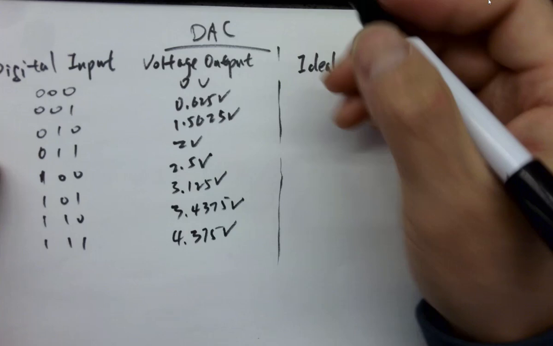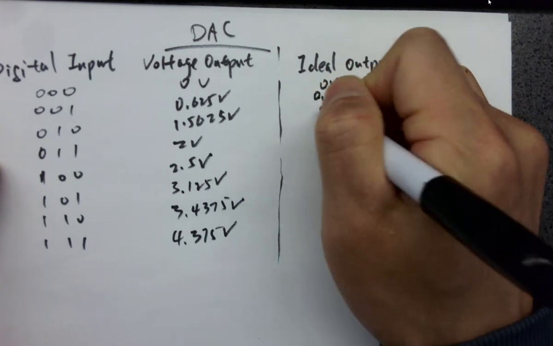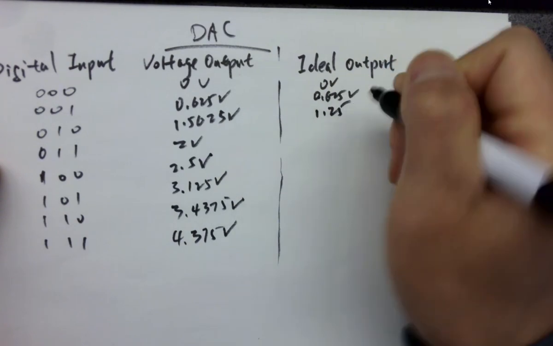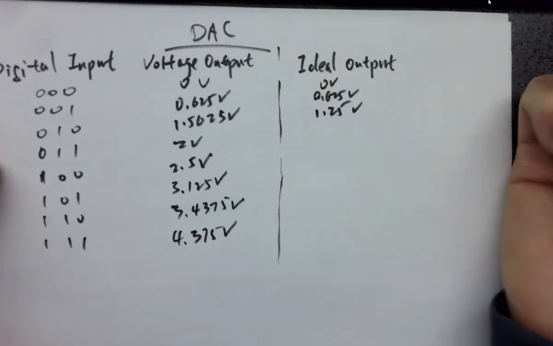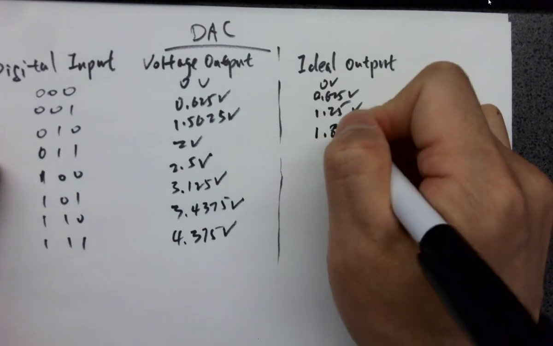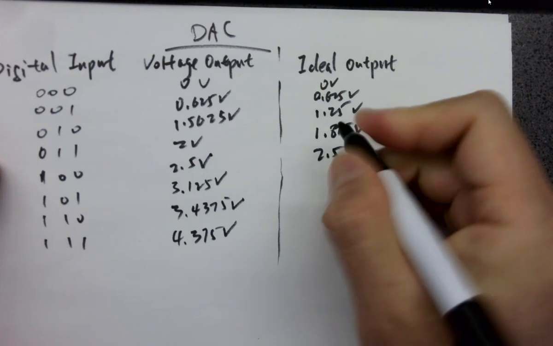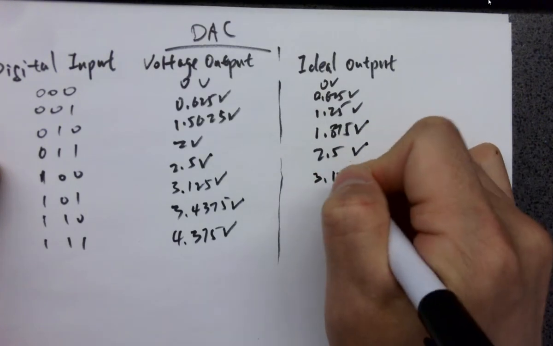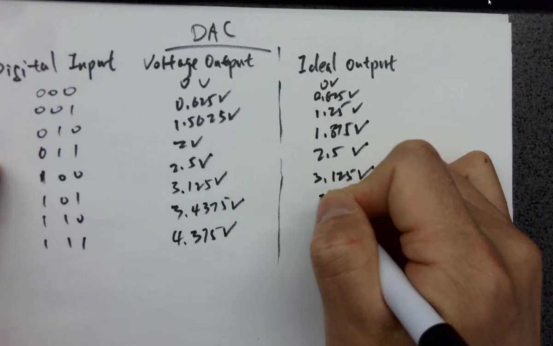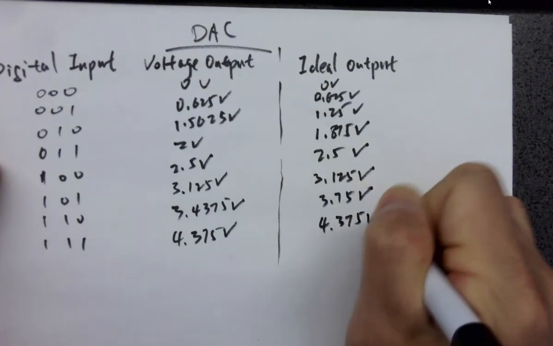And ideal outputs are 0 volts, 0.625 volts, 1.25. It's adding 0.625 each time. 1.875, 2.5, 3.125, 3.75, 4.375.